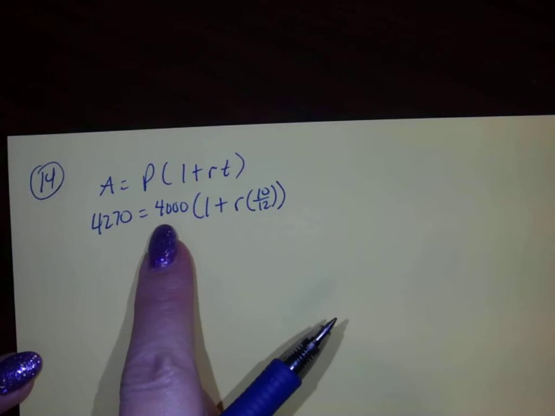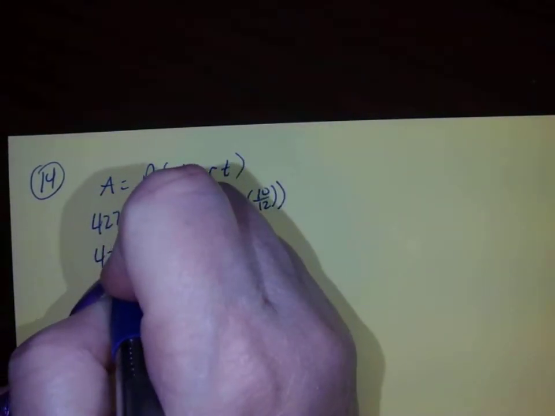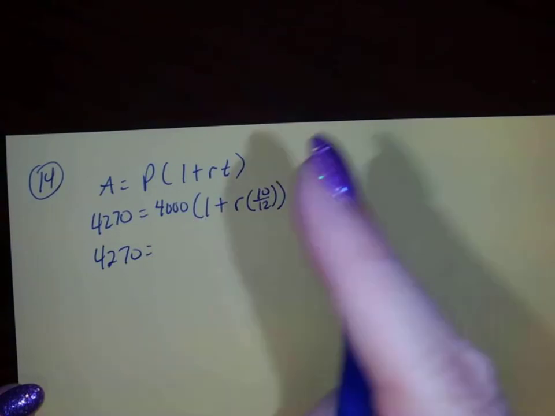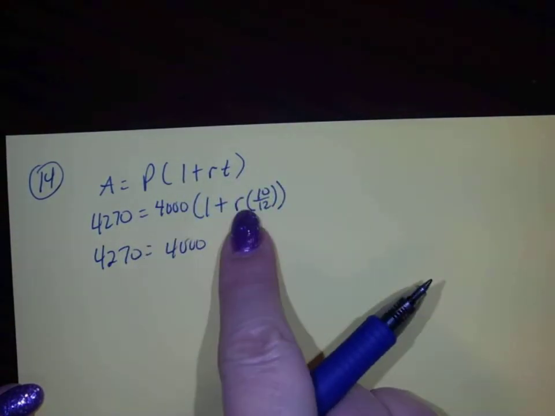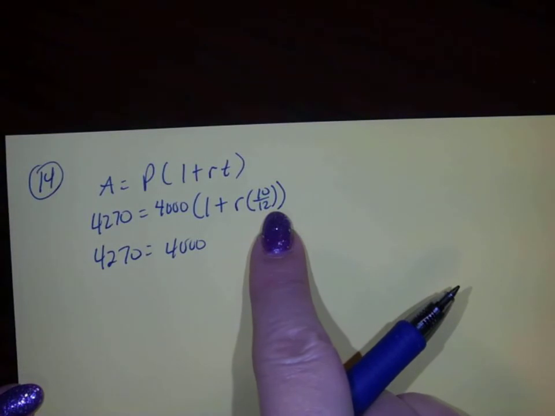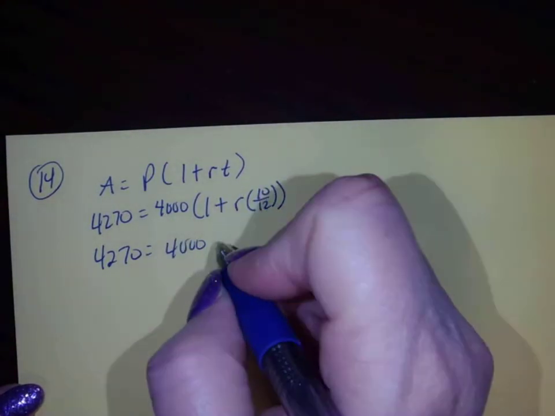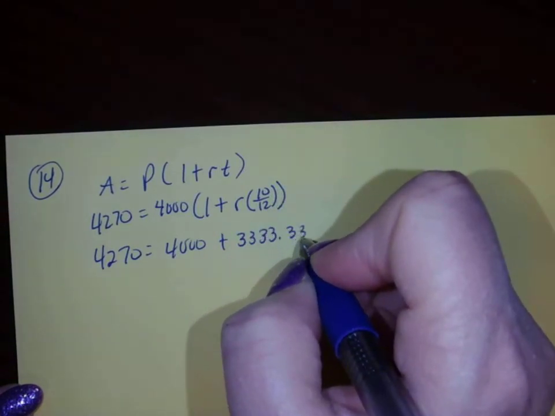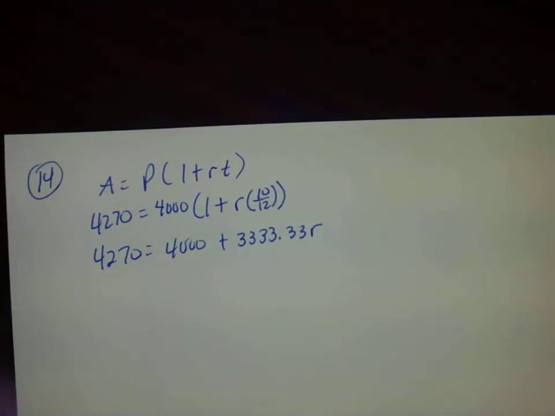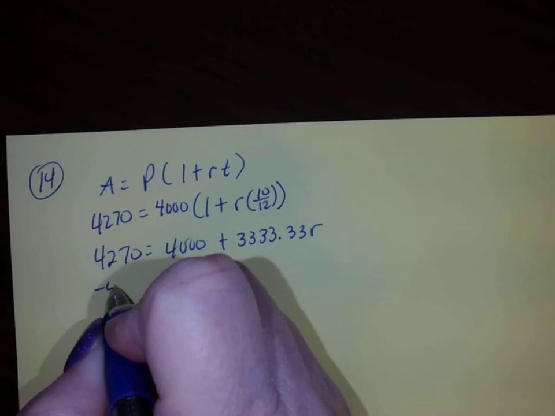So again, it's going to be times 10 over 12. So I'm going to go ahead and distribute a little bit. So we'll have 4270 equals 4,000 times 1, plus 4,000 times our R times 10 over 12. Well, the 4,000 times 10 over 12 will get us 3333. And now we're just doing a little bit of addition and subtraction. So subtract the 4,000 from both sides.